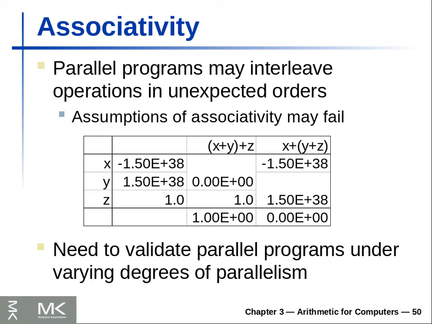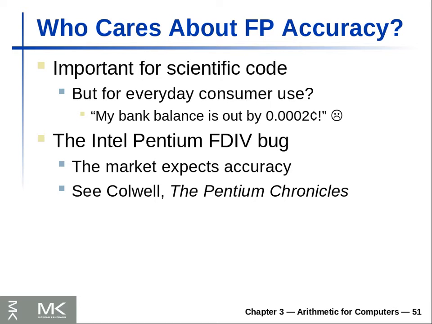So keep in mind that you are always losing precision and that the number is not absolutely correct, which can be very detrimental in certain situations, like for example your bank account. Speaking of your bank account, there was a situation when the Intel Pentium first came out where they did not implement the floating point hardware correctly, and so when floating point was used at the time to do these additions, people were losing pennies, or 0.002 cents.